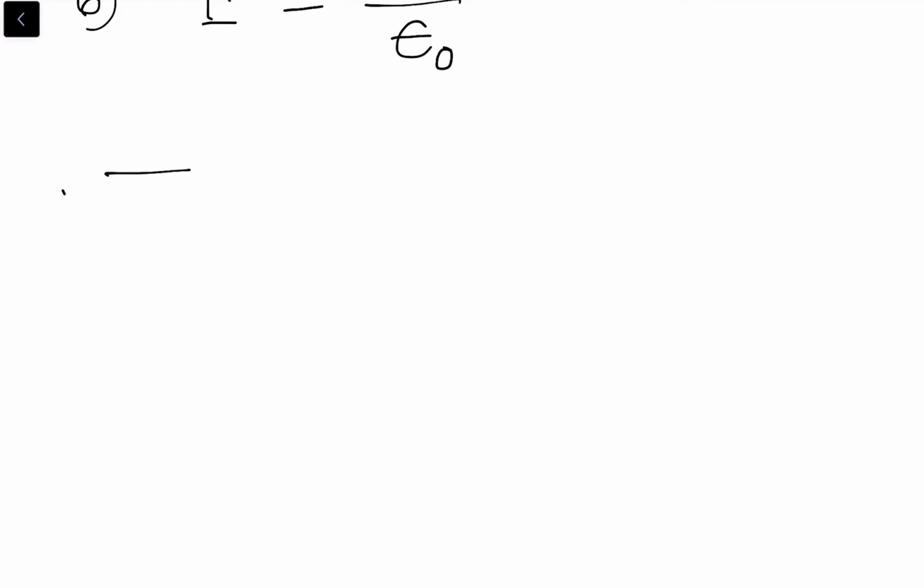So we have a point A, here we have a capacitor, and then here again we have a capacitor, and then in between them there is a junction like thing.